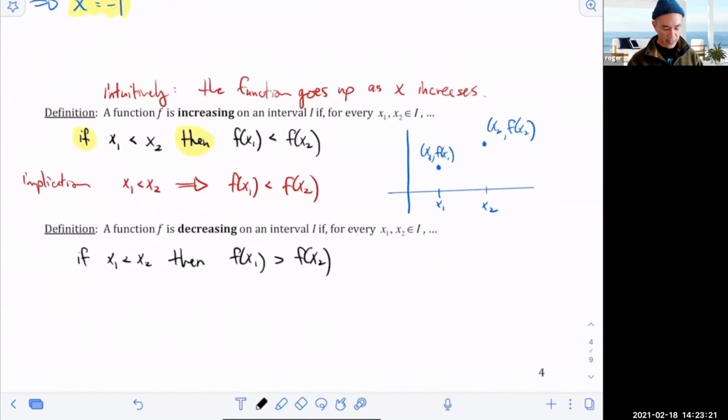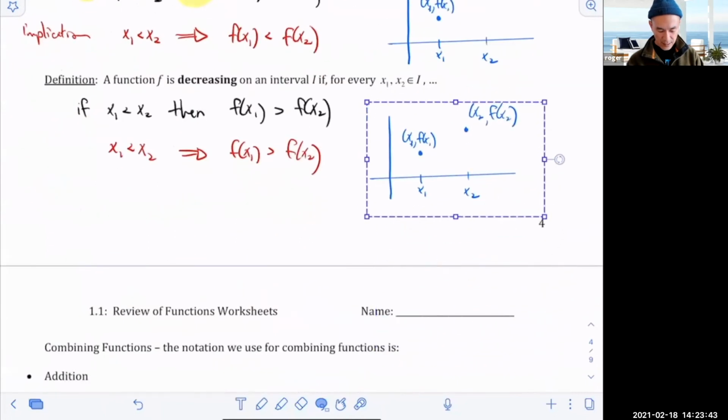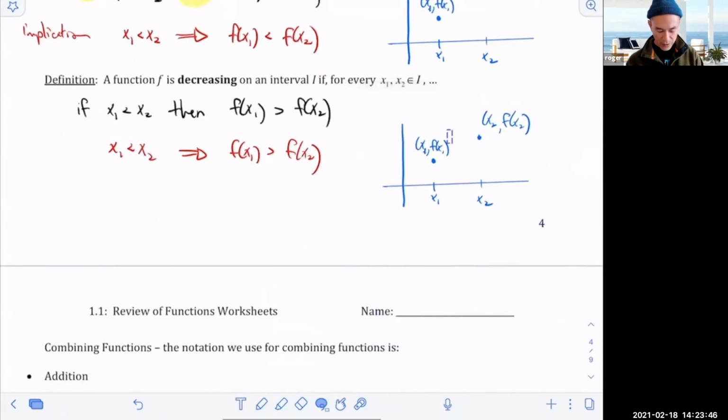So we could write this as x1 is less than x2 implies f of x1 is greater than f of x2. And I'm going to do that thing where I just copy this picture, paste it here. Let me move this guy up a little bit. Let me move this guy down a bit.